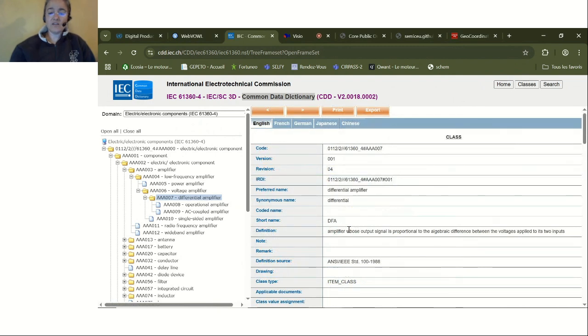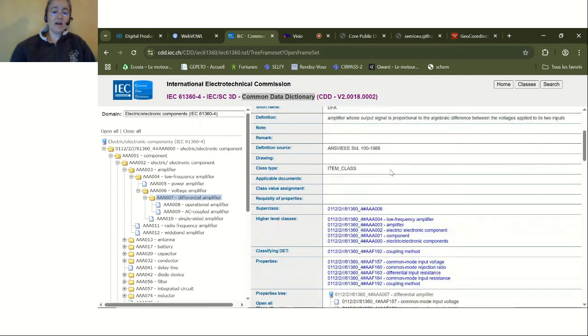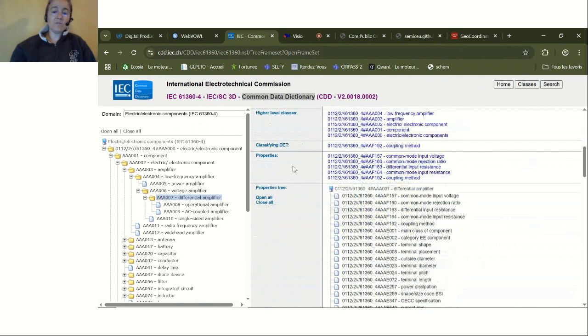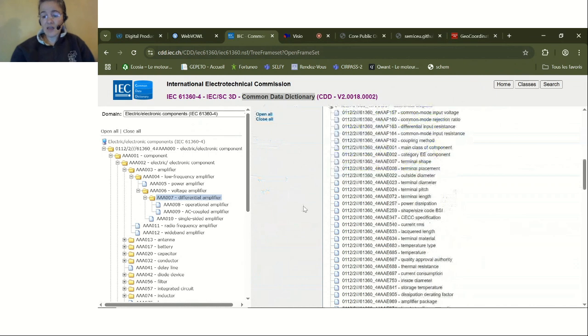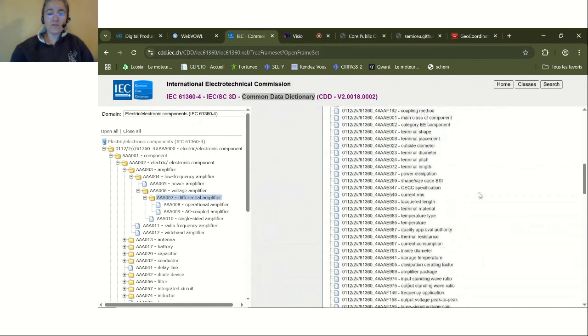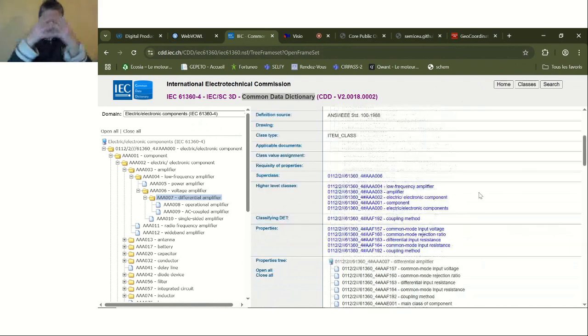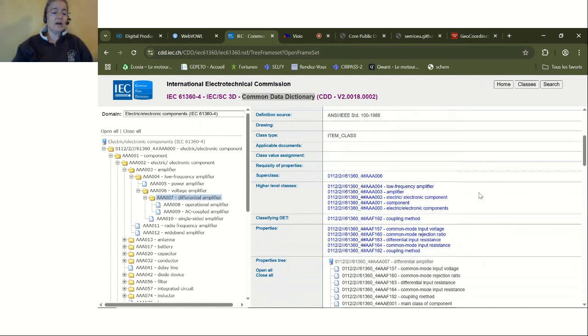I can find its definition, and I can find the class hierarchy here and the specific properties that are needed to describe differential amplifiers, and all of the properties that I inherited from the class hierarchy. So it's conceptually exactly the same as what I mentioned previously about controlled web vocabularies.